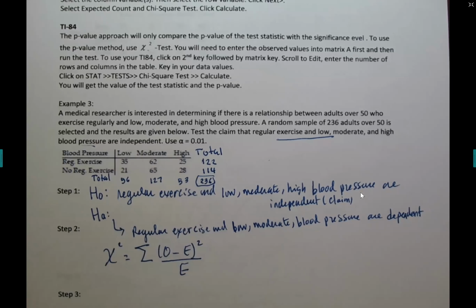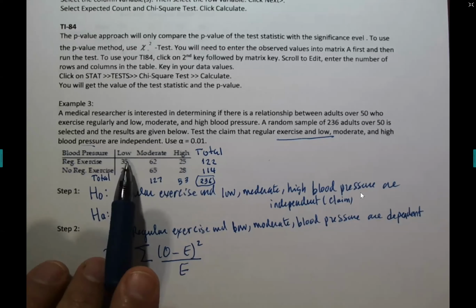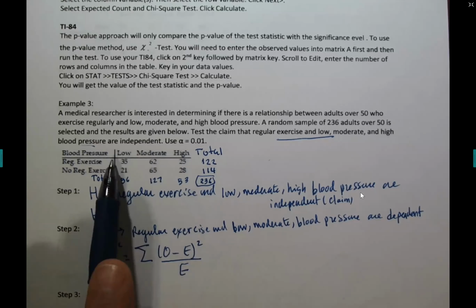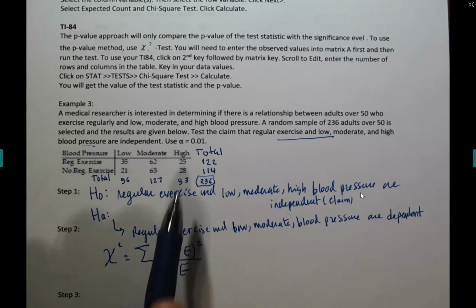Now, rather than doing it this way, we're going to have the calculator do the whole thing. I'd like you to pay attention. This is something new that you're going to learn about the calculator: how you can enter values that appear in a table and make them look like they are in the table on the calculator. I couldn't use L1 and L2 because I don't have the values listed separately in columns.